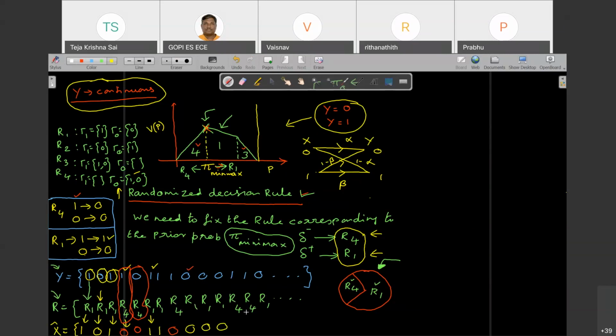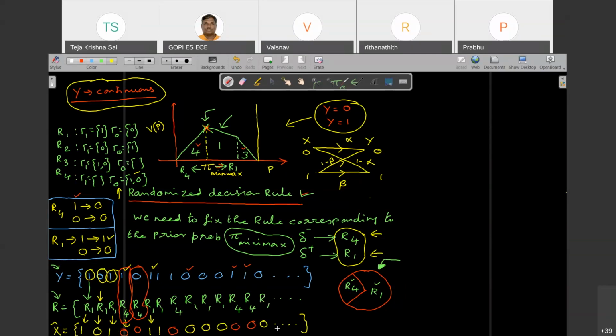When it is rule 4, you have to make it 0, irrespective of whatever you are having here. It is going to be 0 in this. But for rule 1, if it is 0, you have to put it as 0 only in this, right? It goes in that way. I hope you understood this.